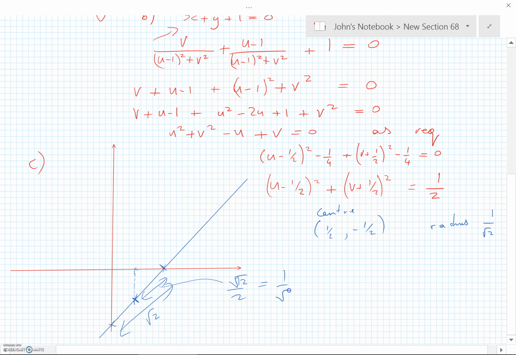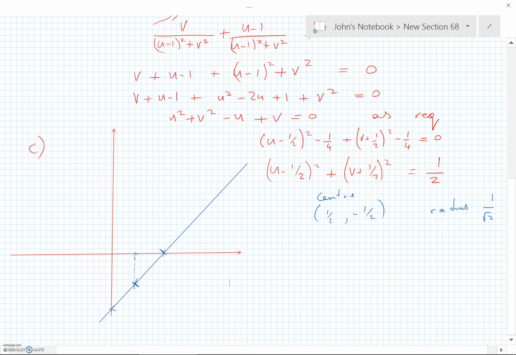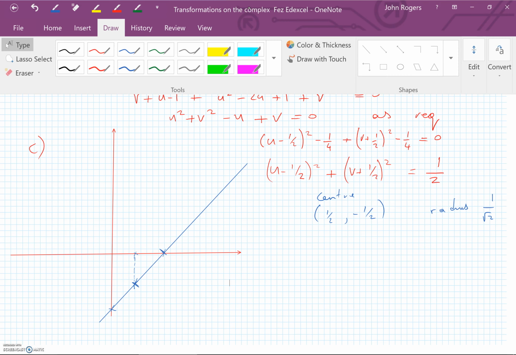So what they're getting at here is we really must show clearly that the circle is going through the points 1, 0 and 0, 1 on our diagram. Okay, so we need to show that clearly.